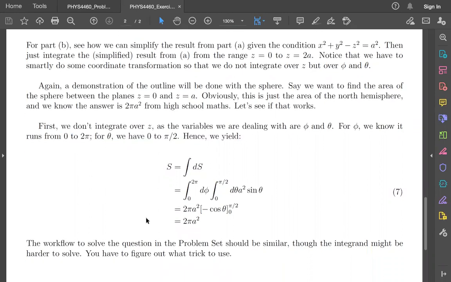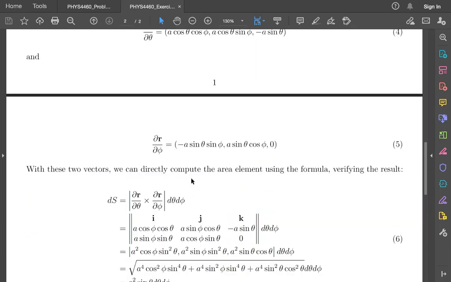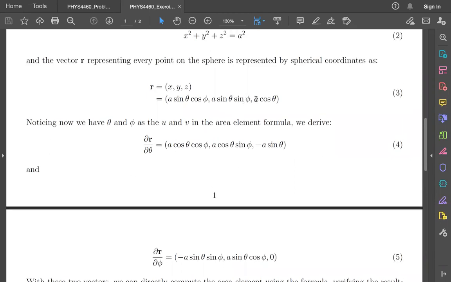Okay, so this should be trivial to you if you're familiar with vector calculus. If you still have some problem understanding this, you may go back to vector calculus to figure this out. Or actually, we can just look back to the definition of z here, right? Because z on the sphere is given by a cosine theta, so you can look at this expression and see what theta would become when z is 0 and a.